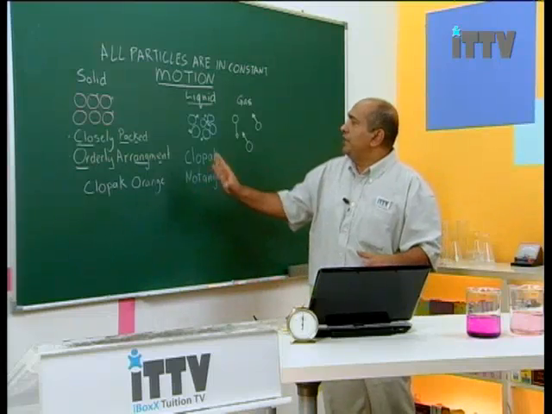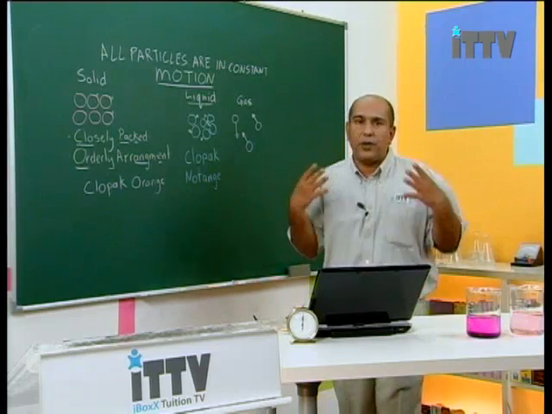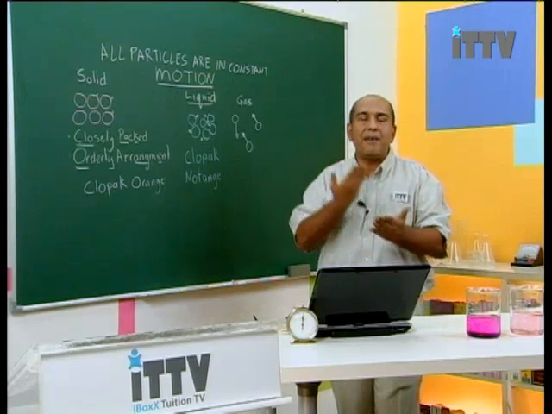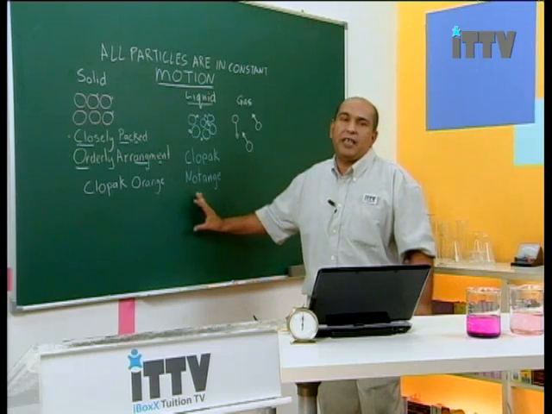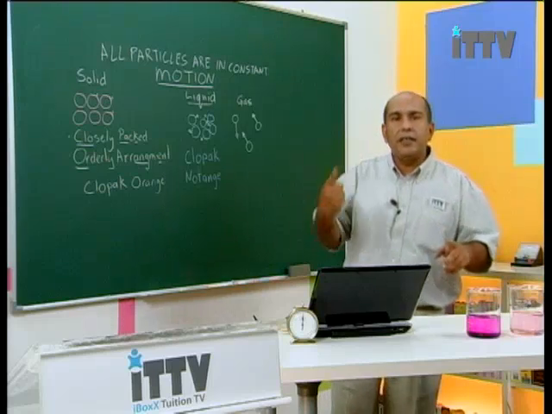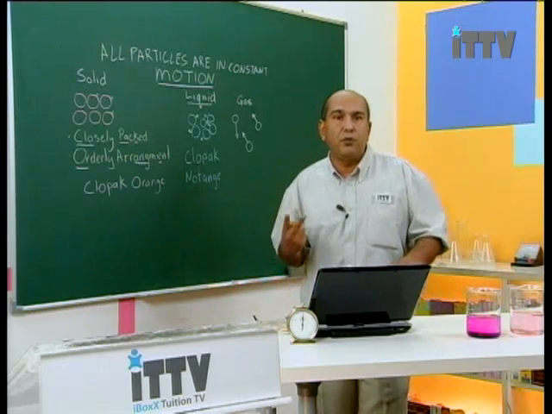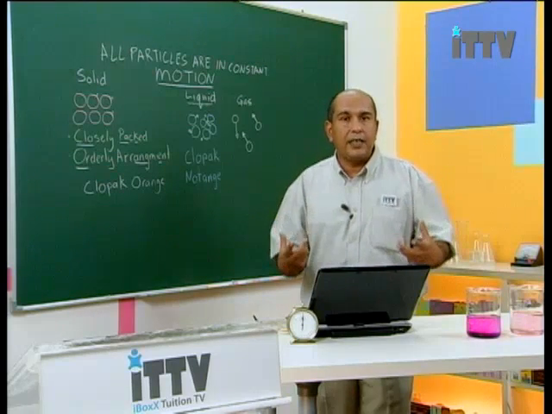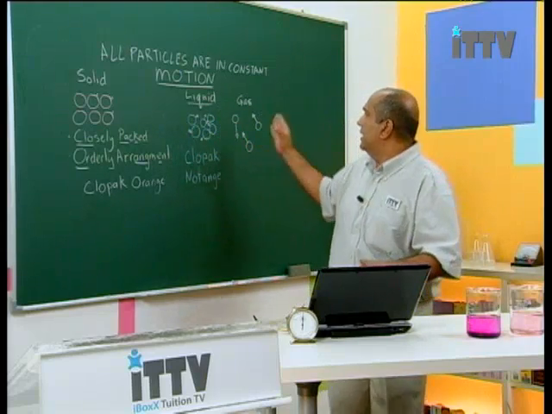Again, most of this material you learned in your lower secondary. Now, it's not a question of, oh, I learned it in my lower secondary. Now it's a question of, I must know this. Because this is the last part of kinetic theory. Kinetic theory starts with, number 1, everything is made out of tiny particles. Number 2, the particles are in constant motion. Number 3, if the temperature increases, the kinetic energy increases. Finally, we get to solid, liquid and gas.